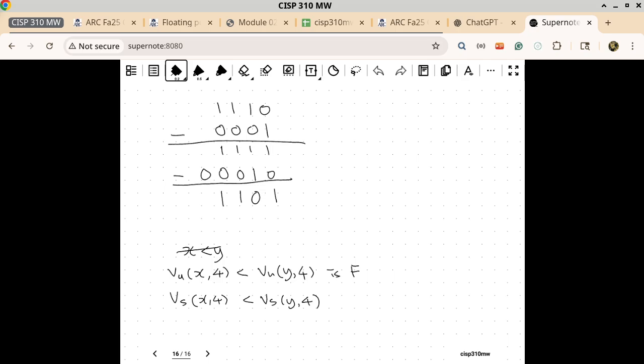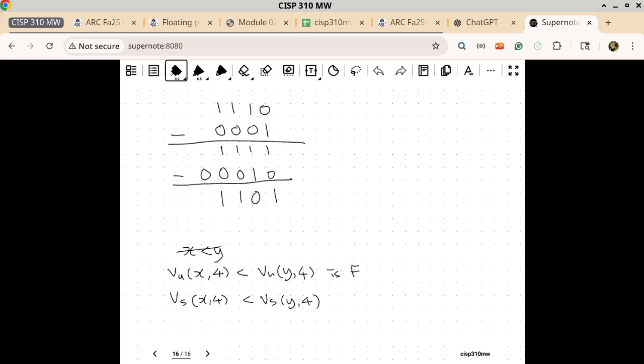Say again? Digit 3 of who? Well, but what if they have the same sign? Right. So I need one single digit of all the things that are already computed here that can tell me conclusively whether VUX4 is less than VUY4.